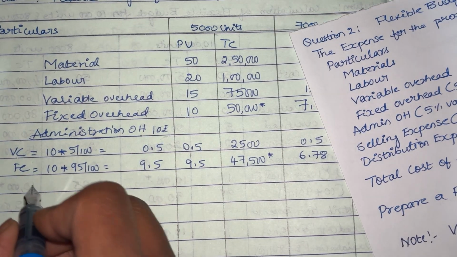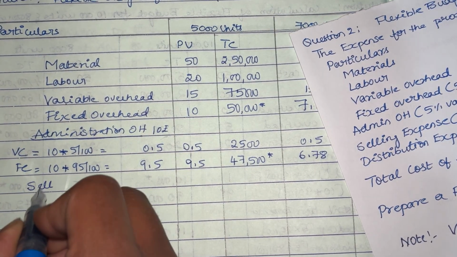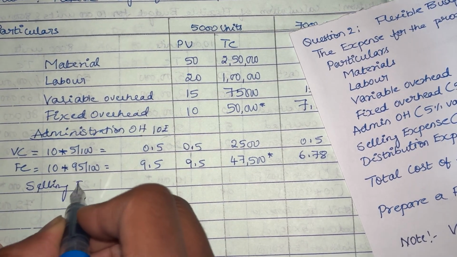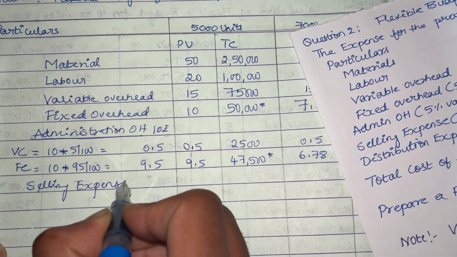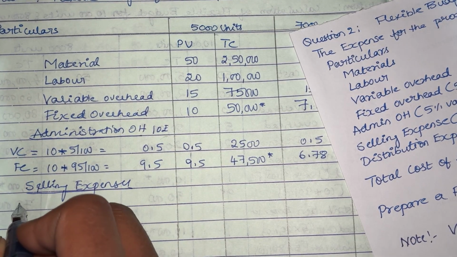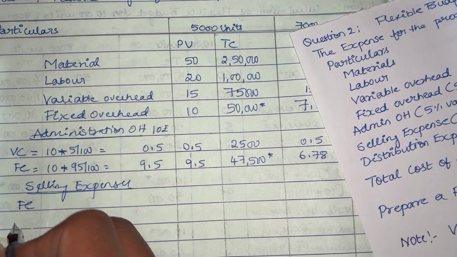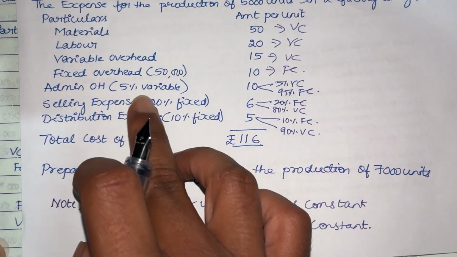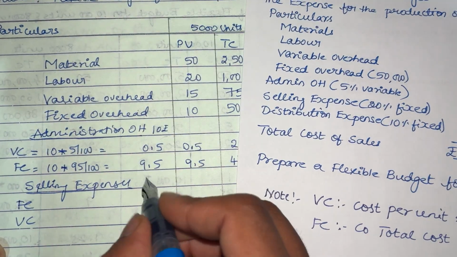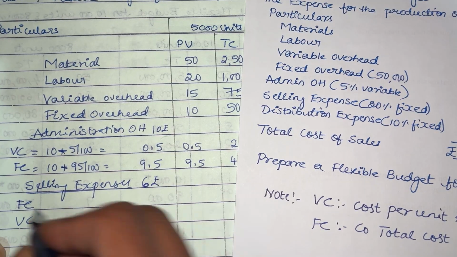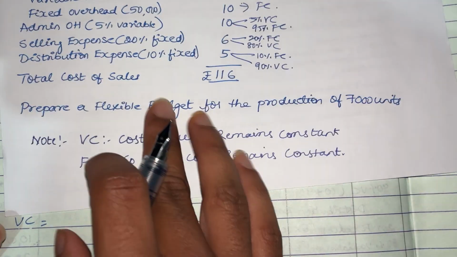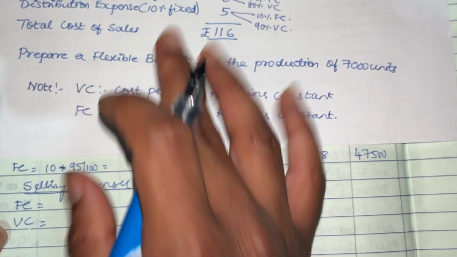So I will write here selling expenses. I will write fixed cost and variable cost. What is the total of selling expenses? 6 rupees. So I will write it like this. What is fixed? 20% is fixed, right?